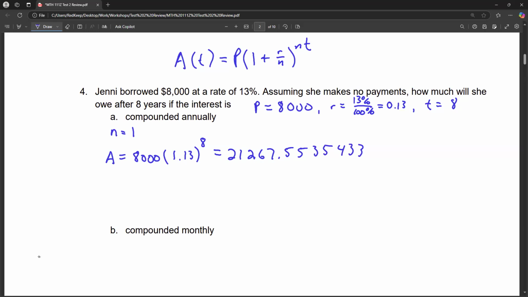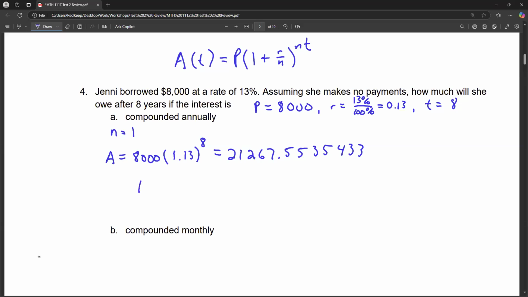And then it's up to us to interpret this. Since we're talking about money, that would be the output of this. So that A value is the account value after 8 years in our scenario. So A would be equal to this value that we came up with, but we can round it.